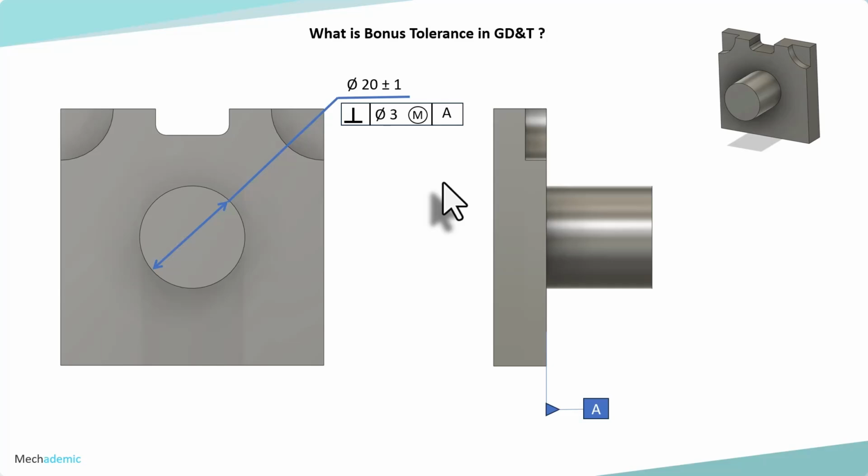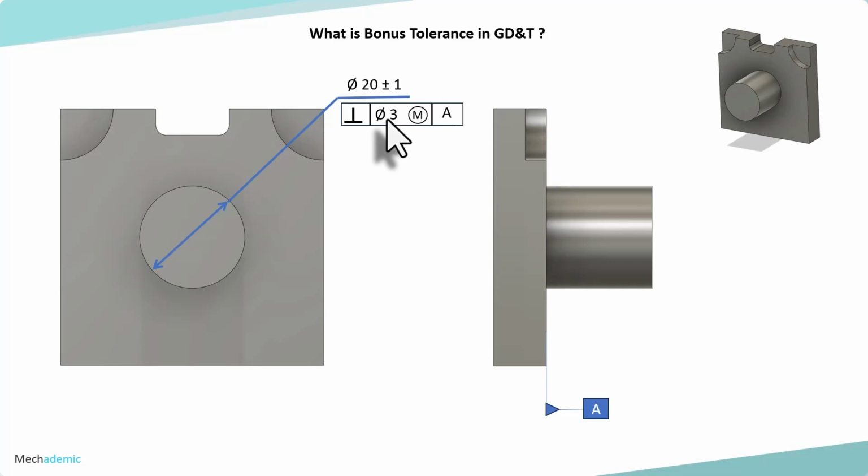So from the demonstration, it is clear that bonus tolerance is more deviation which you are afforded to have as the size of the feature moves away from MMC in this case. As it becomes smaller and smaller, the more deviation in its perpendicularity is allowed, or if position control is applied, the more deviation in its position is allowed.